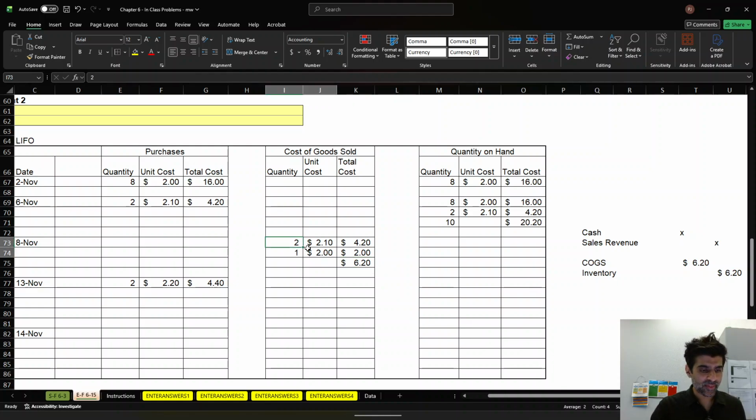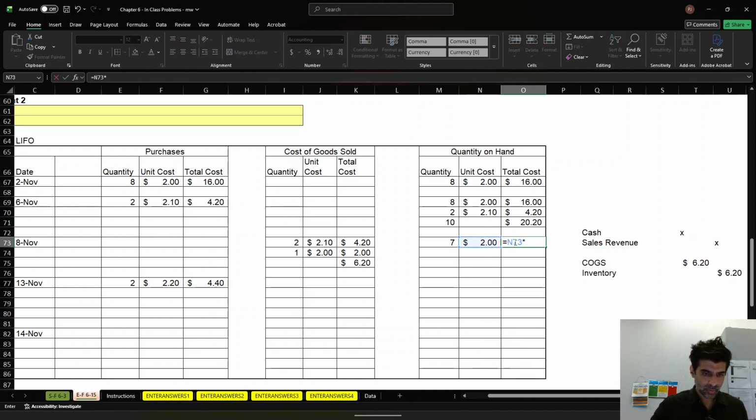Okay, so once we have this, we can now update our accounting record or our inventory records. So we now have 7 of the $2 units, and 0 of the $2.10 units. I'm just writing that.